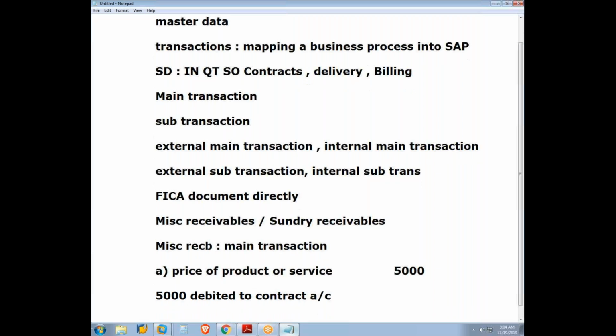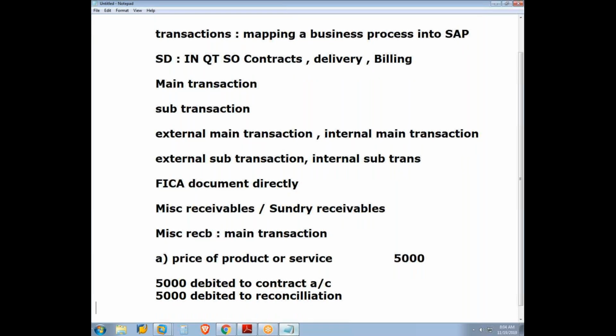And the same 5,000 rupees also has to be debited to a reconciliation account. The reconciliation account is a GL account that you maintain in the financial accounting system. It's a balance sheet account. But this 5,000 rupees is a revenue to us. So 5,000 should be credited to a price account.